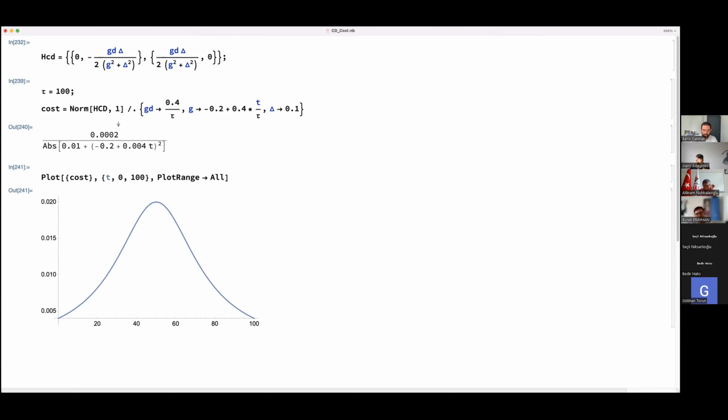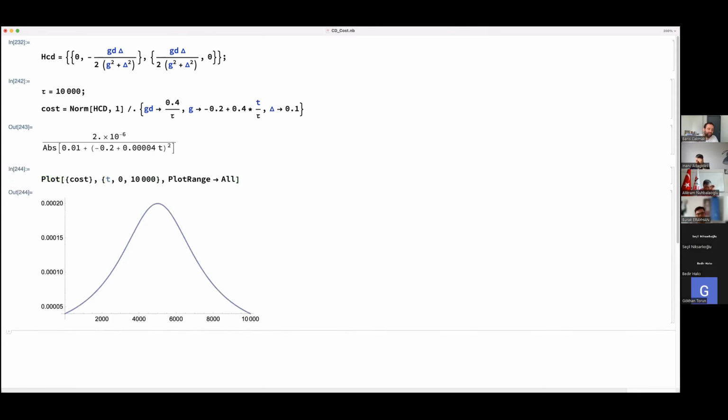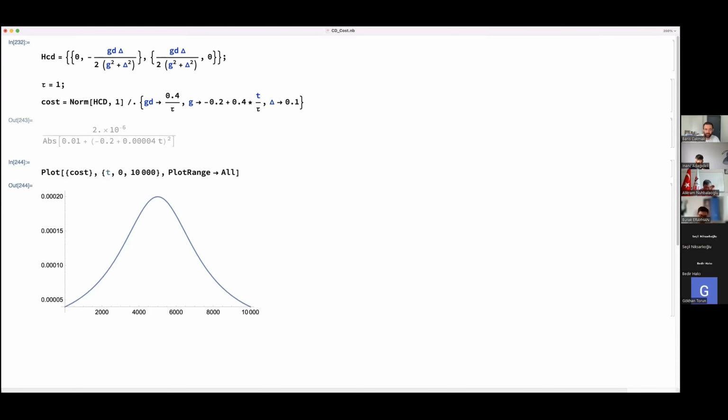If we make this even maybe 10,000, it would be even 2 orders of magnitude smaller than this. So as we increase tau, the total time that we require to complete this process of changing G, the cost will be lower. And the other thing, maybe I can show it to you very briefly, is the following.